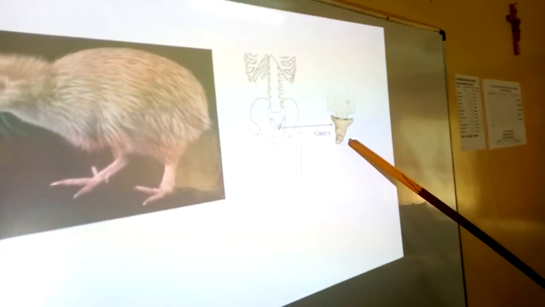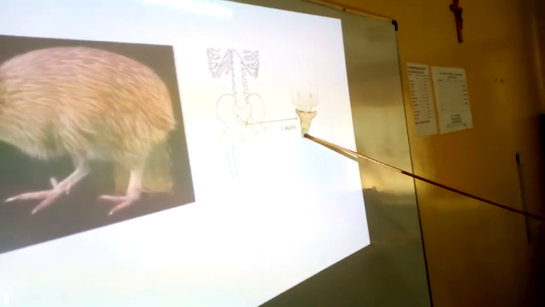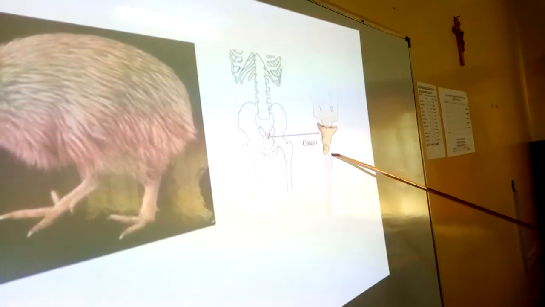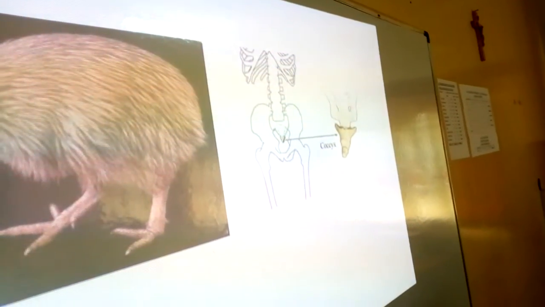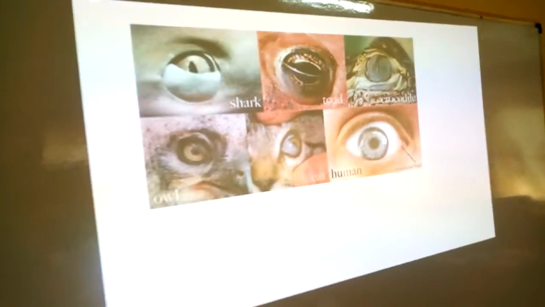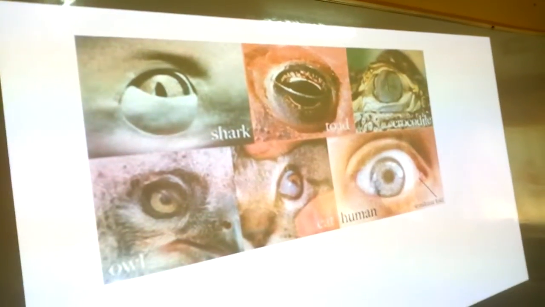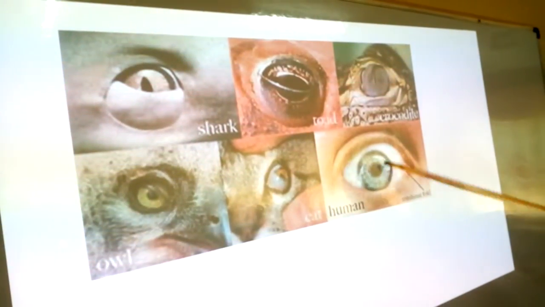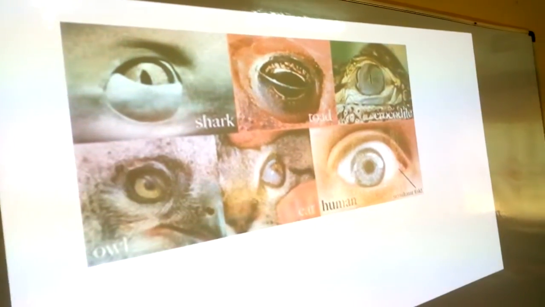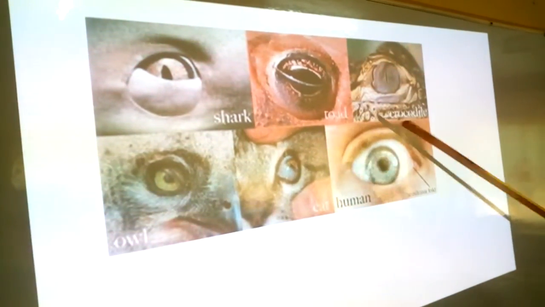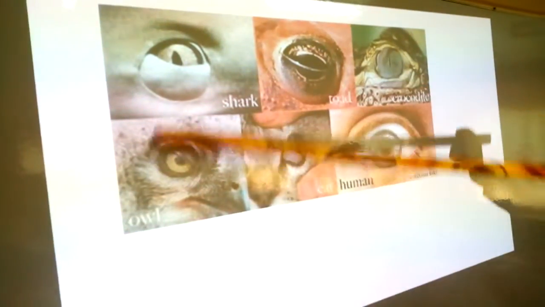The other vestigial structure is the coccyx in man. It is present, but it does not have any significant role in man. It is just there, therefore referred to as a vestigial structure. Then we have the eye. The eyes of human being, the cat, the toad, crocodile, and shark can also be seen as analogous structures.